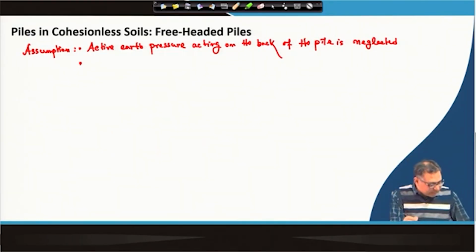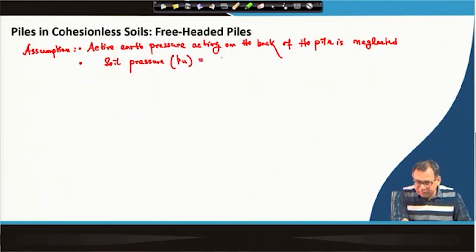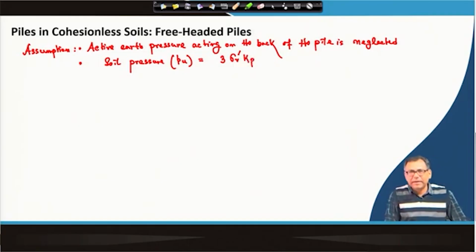And we have considered that the soil pressure at a point, Pu, is equal to 3 times sigma v bar and the Rankine passive earth pressure coefficient. This is also one assumption.